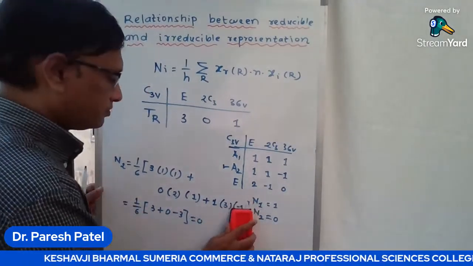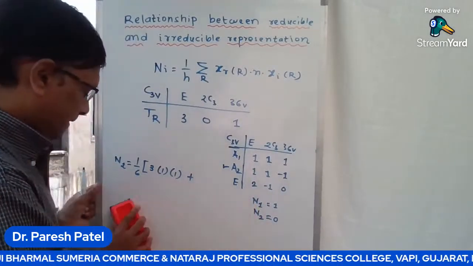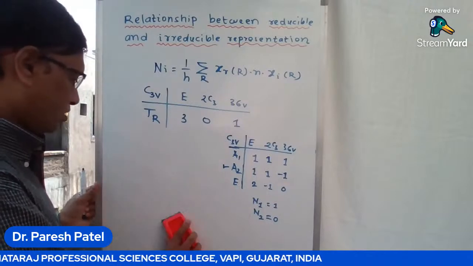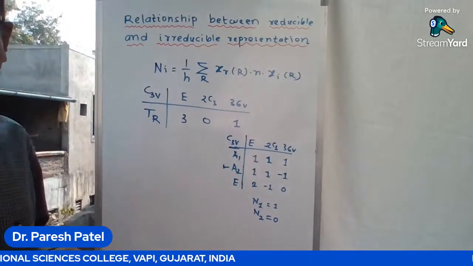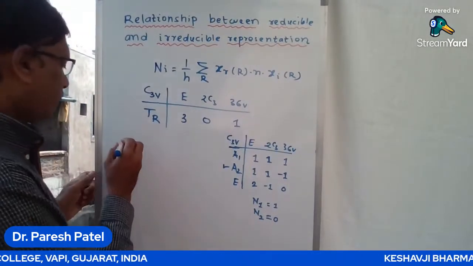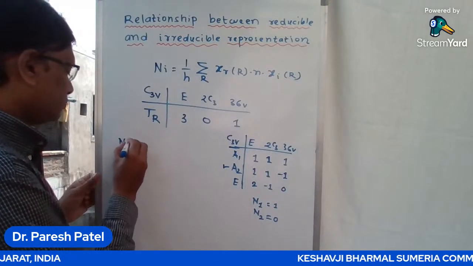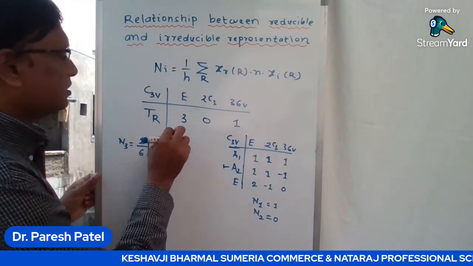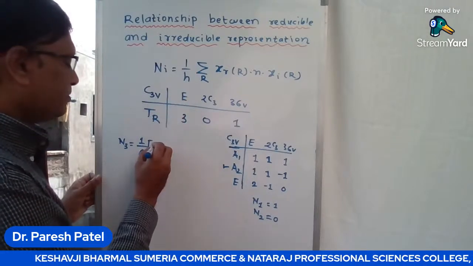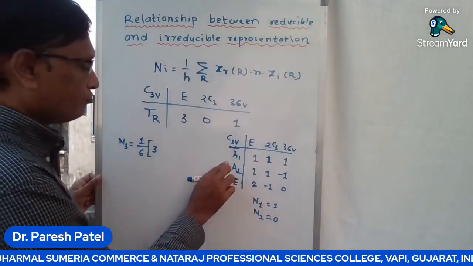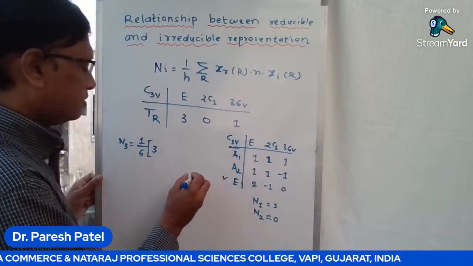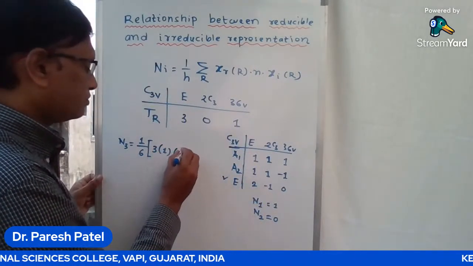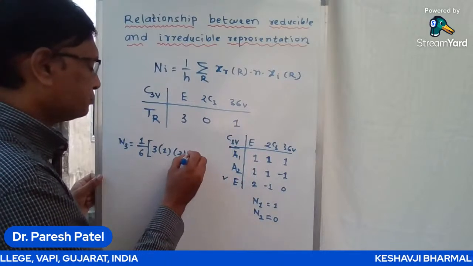And the last one, that is the value for N3. 1 by 6. The character for the reducible representation is 3, the number of that symmetry operation is 1, and the character for the irreducible component is 2.